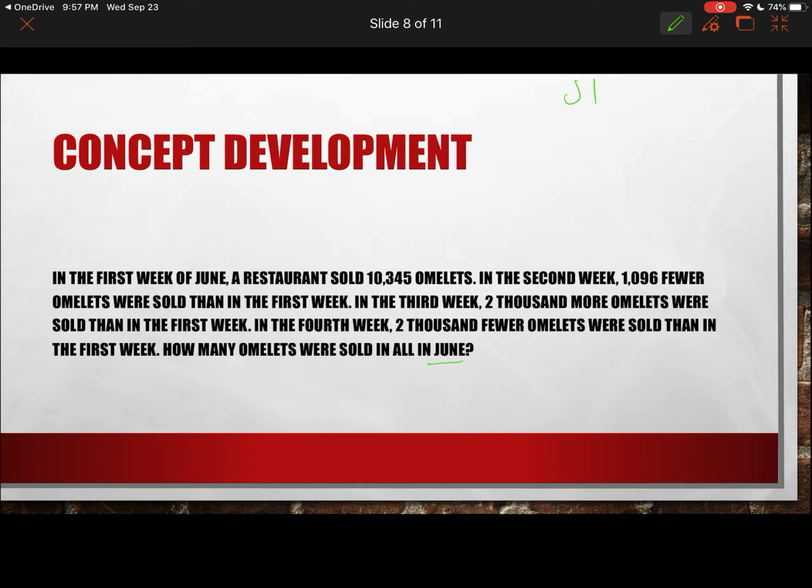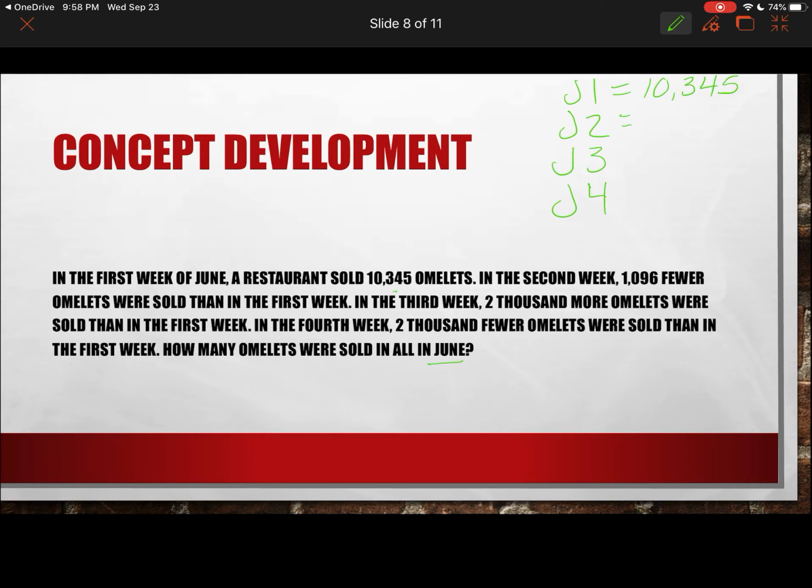So J1 will be June 1st week, J2 June 2nd week, J3 June 3rd week, and J4 is June 4th week. Now it says the first week of June, a restaurant sold 10,345. So J1 is going to equal 10,345.